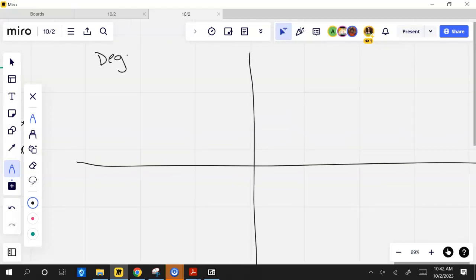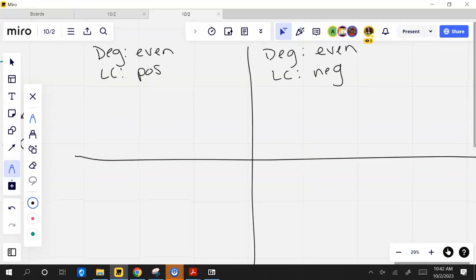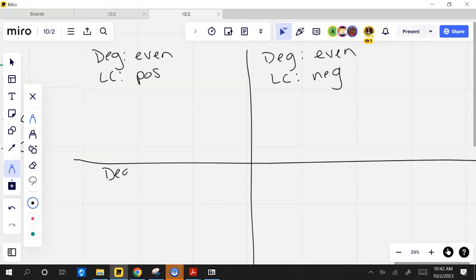Let's say that this is even on the top row, but the leading coefficient goes positive and then negative. I'm just going to have end behavior written below each one of these, so two more lines under this for each one. Degree is odd, and leading coefficient positive, negative.